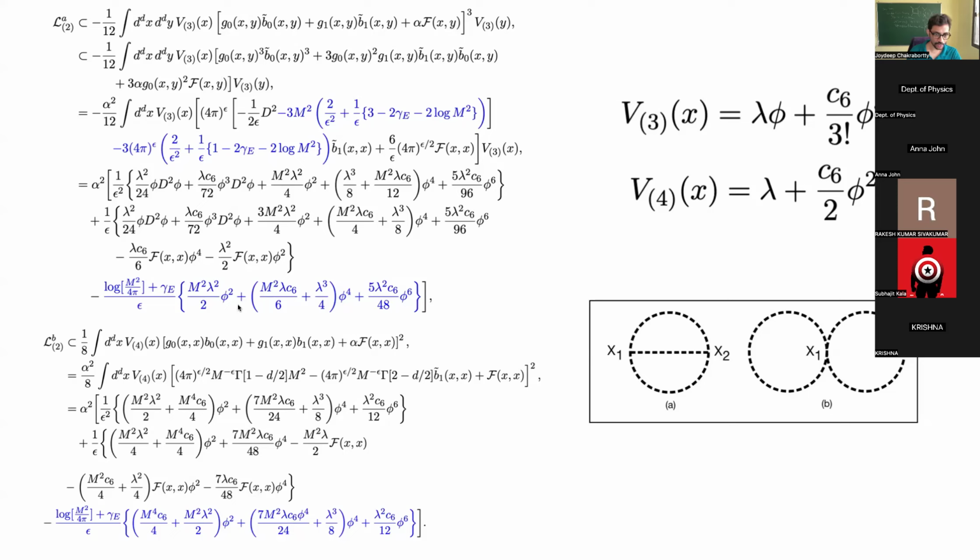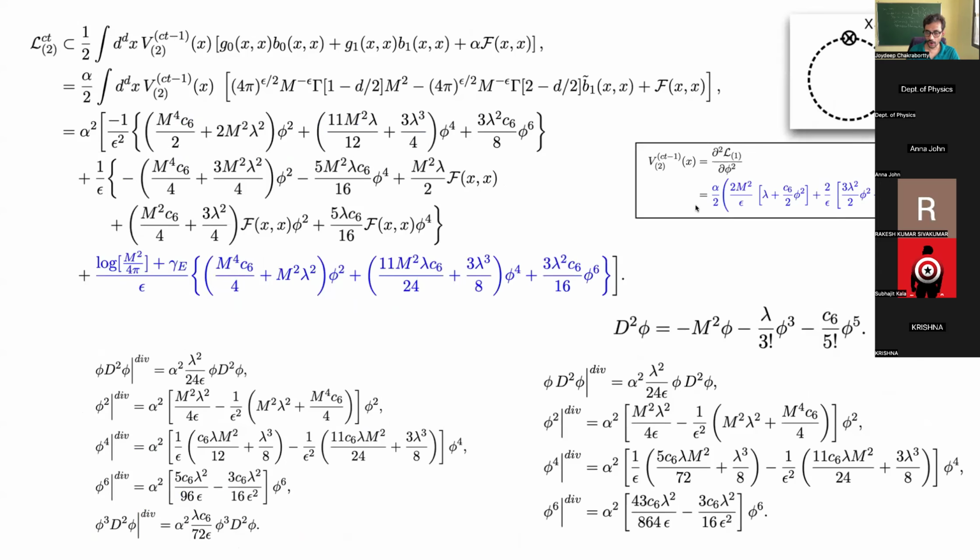Now this is a very important check. If you have IR divergences, you trace them out, and if you add these three contributions, for example, the previous two and the counter term diagram, this blue color term should drop out from the total counter term, because IR divergence is not renormalized. If you calculate all the diagrams, that should drop out.